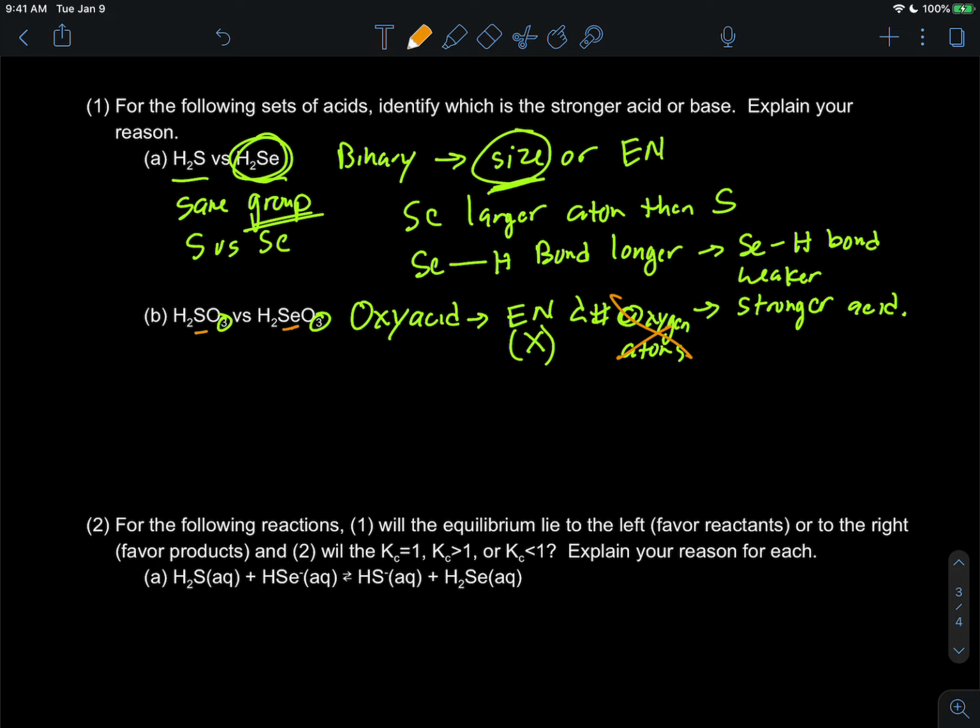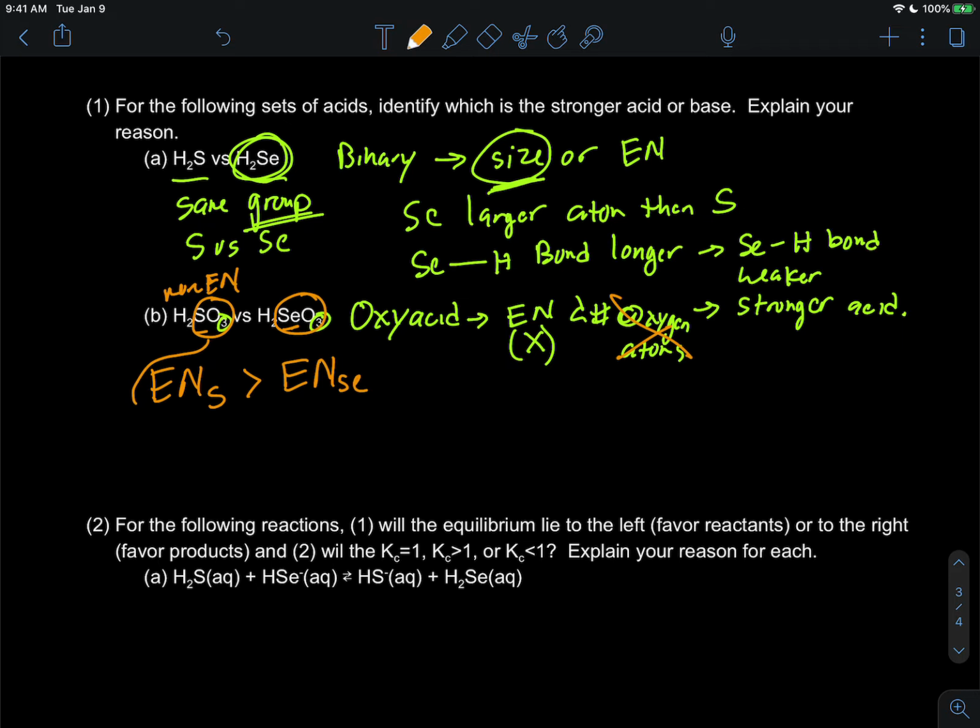What we would notice is that the electronegativity of sulfur is greater than the electronegativity of selenium, which would mean that this whole group, the SO3 versus the SeO3, is going to be a more electronegative group.